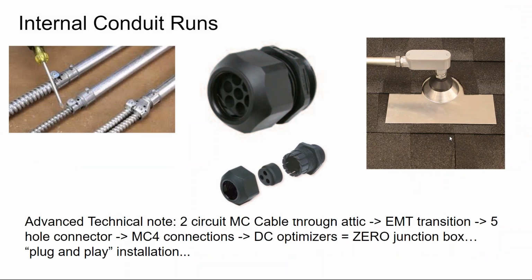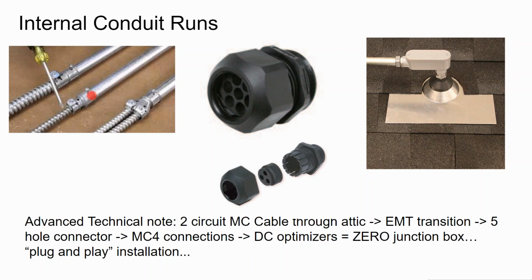And so kind of the best way to go about doing your install in a code compliant manner for an internal conduit run is to go with flexible conduit through the house, because that flexible conduit is very easy to drop down a wall or string up through an attic.